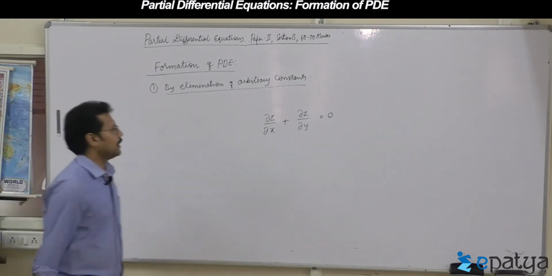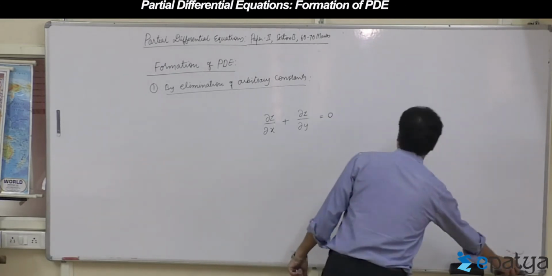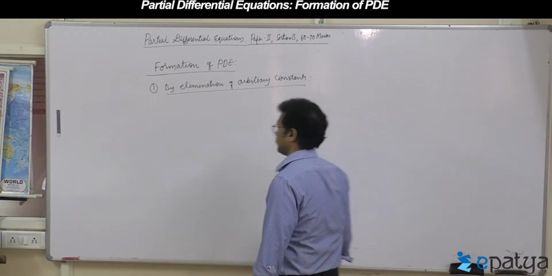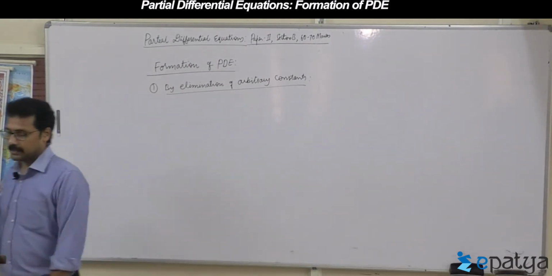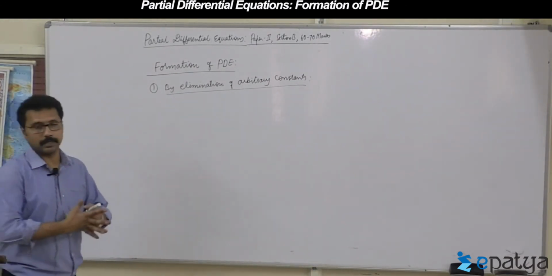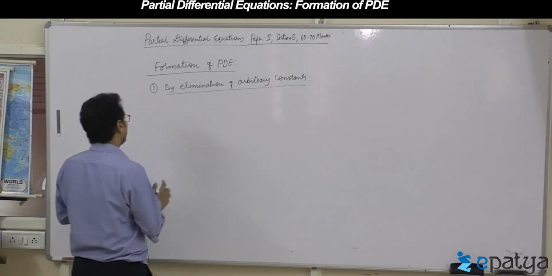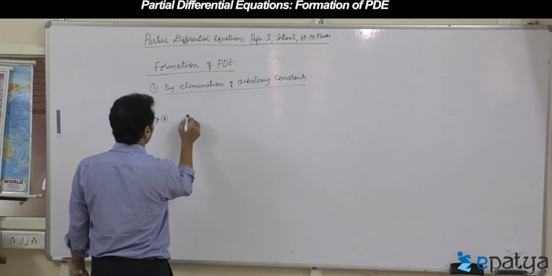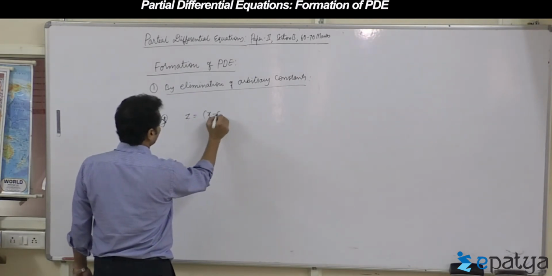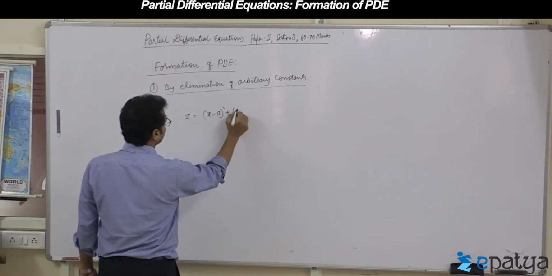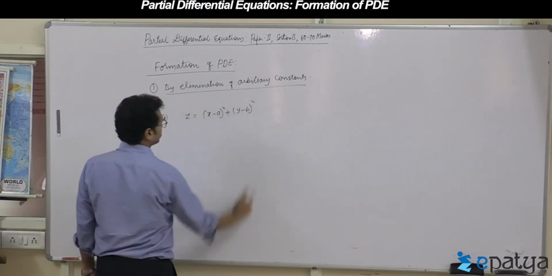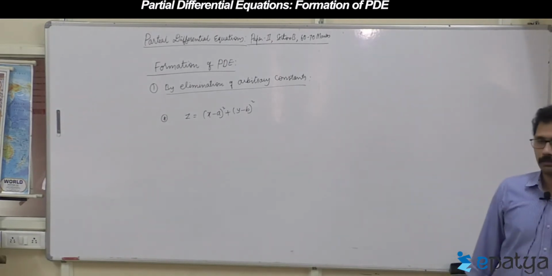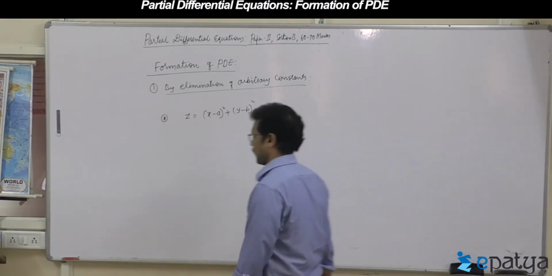Okay. Take a question. Obtain the PDE by eliminating the arbitrary constants a, b from z equal to (x minus a) whole square plus (y minus b) whole square.